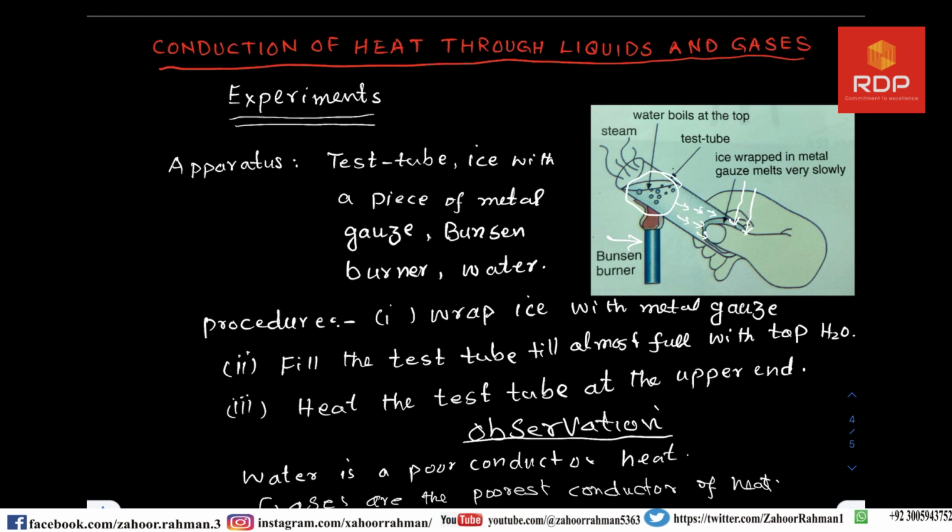This is another conclusion. Gases such as air are the poorest conductors of heat, and are good insulators of heat. You can also say that if it is a poorest conductor, then it is a good insulator.